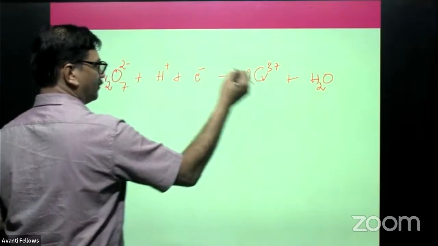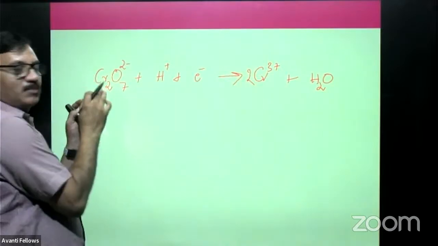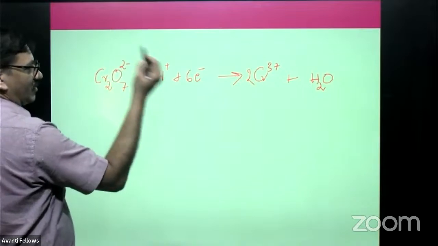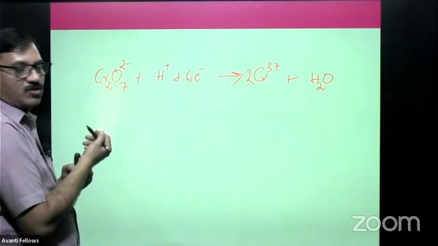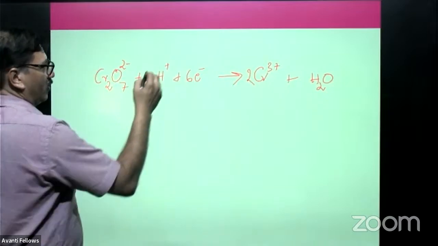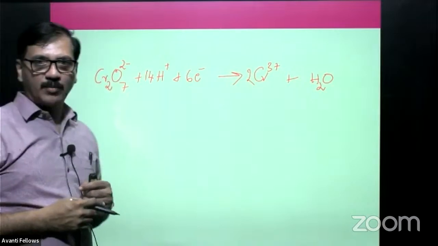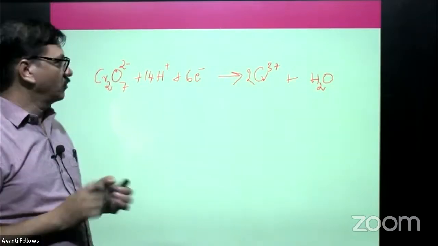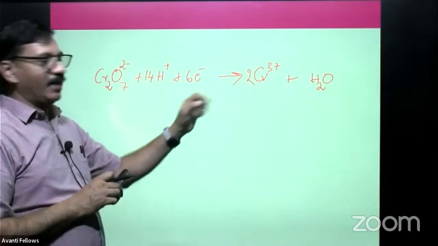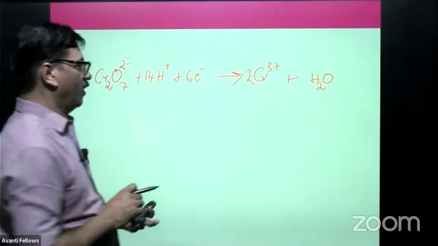First, balance the atoms: 6 to 3 needs 3 electrons, and 2 such atoms are there, therefore 6 electrons. 2 minus charge and 6 minus charge make 8 minus in total. Here it is 6 plus charge. Therefore 14 H+ is needed. 14 H+ will make the charge equal: 2 minus, 14 plus, 6 minus is nothing but 6 plus, which is on the other side.